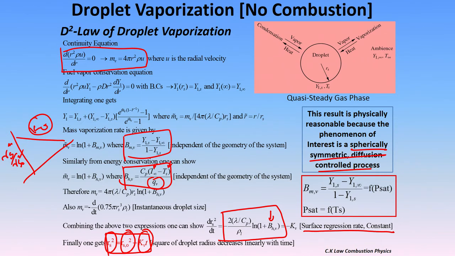It has a very similar form to what we saw earlier. So this is the surface regression rate that you can solve, and you will find that it scales linearly with the square of the droplet diameter. Therefore, this is the D-square law, which takes into account only the gas phase, and no liquid phase equation is solved at all.